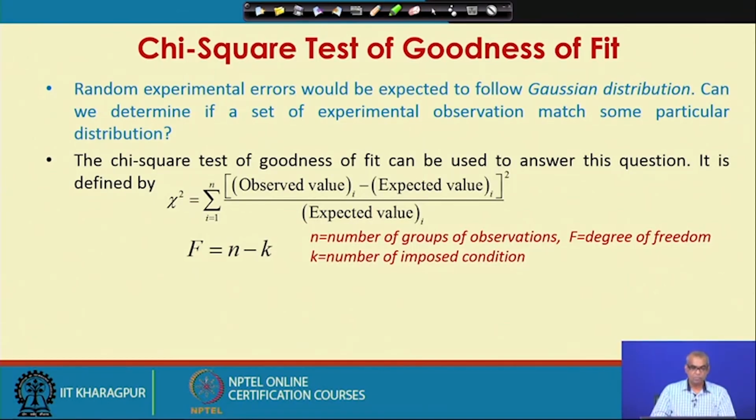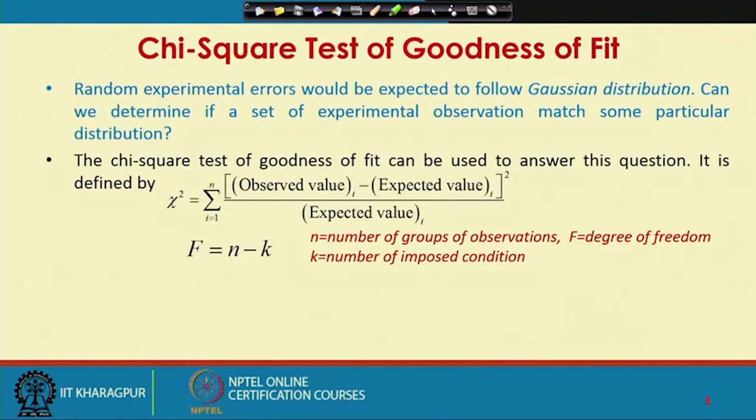We have discussed that random experimental errors are expected to follow Gaussian distribution or normal distribution. Now, let us say you have performed some experiments in the laboratory. Let us say you have measured a pressure or a temperature and obtained a set of data.